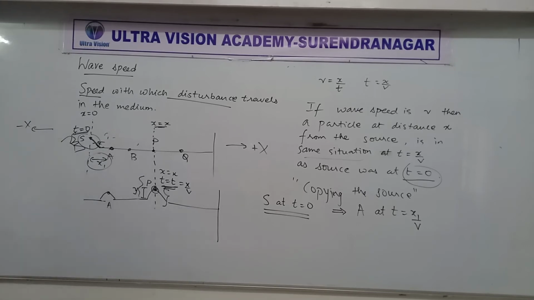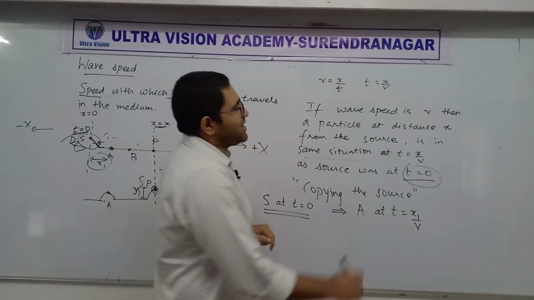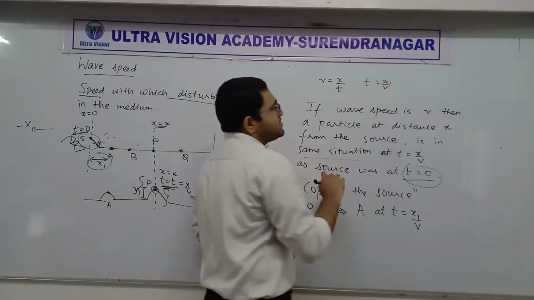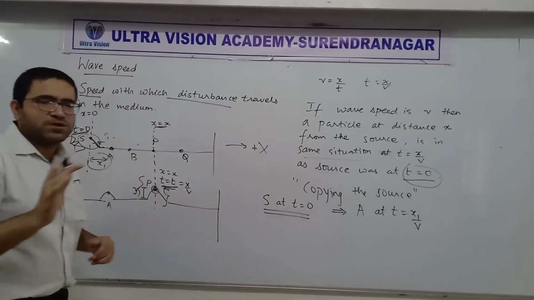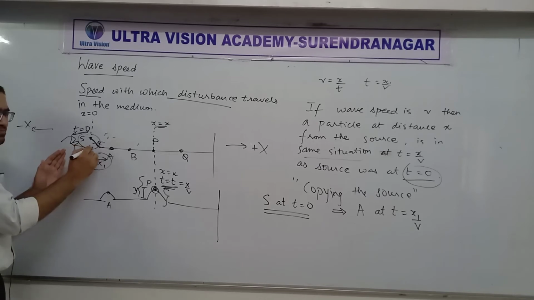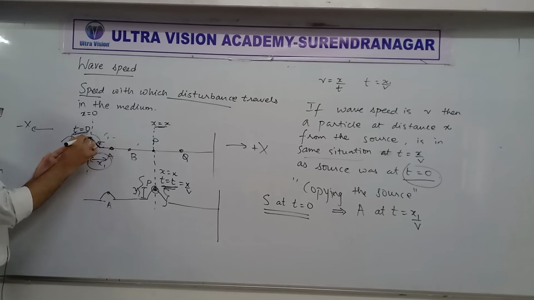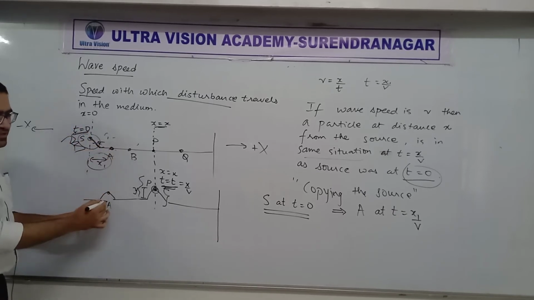Why? Because wave speed is v. So, how much time does it take to travel a distance x1? It will take a time t equal to x1 by v. Clear? So, in that much time, t equal to x1 by v, from here the disturbance will move and reach A, such that whatever S was doing at that point, now A will be doing.